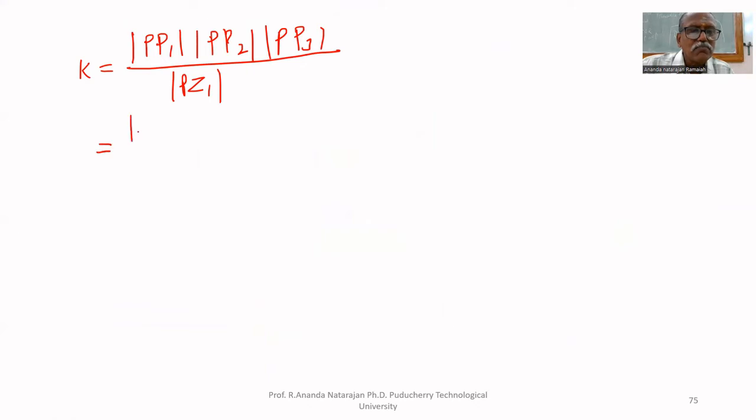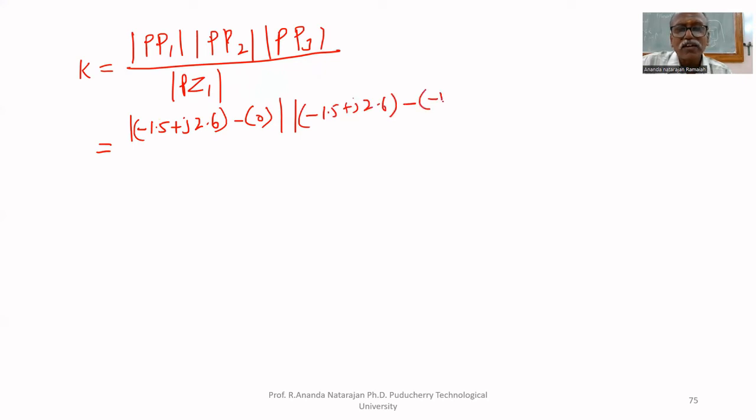P is minus 1.5 plus j 2.6. That is P, through which the root locus is now passing. What is PP1? We have to subtract P1. P1 is 0 in this case. What is PP2? Minus 1.5 plus j 2.6 minus P2, where P2 is minus 1. What is PP3?